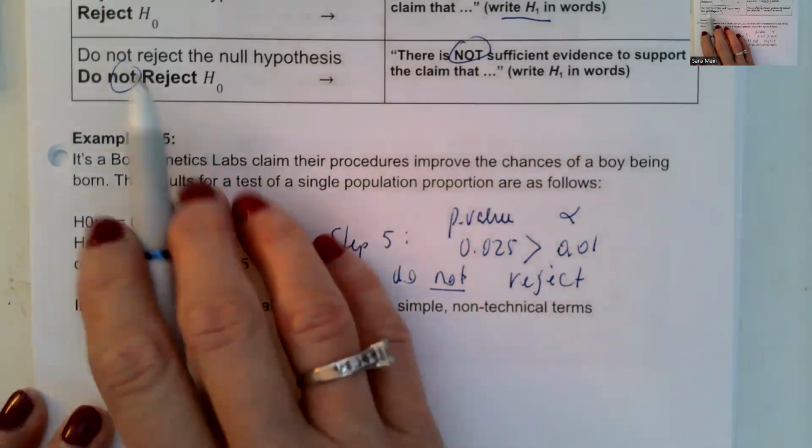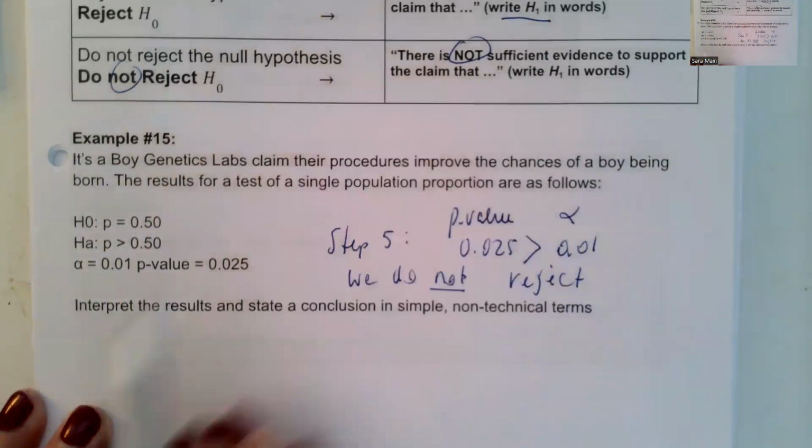And so, because we do not reject H0, there is not sufficient. We're going to write that out here.